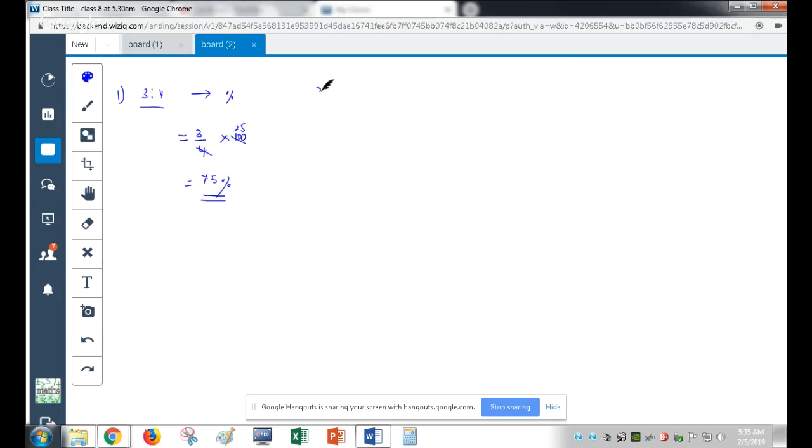Let me do one more question here. Suppose 5 is to 3 is there. So you convert this into the fraction 5 upon 3 and multiply with 100, and then 500 by 3 will be the percentage.